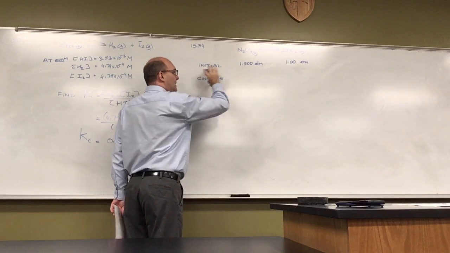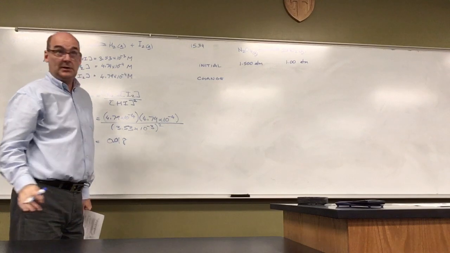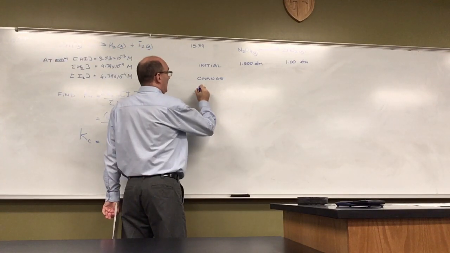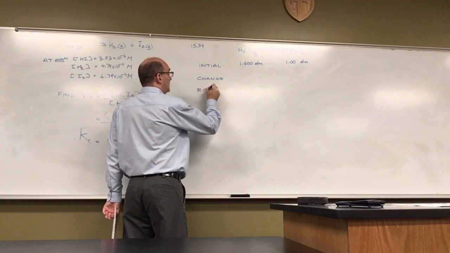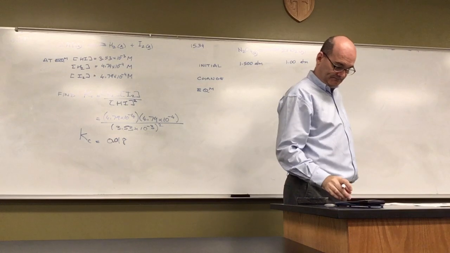Underneath my initial row, I'm going to leave a row that says change. And then a row that says equilibrium.